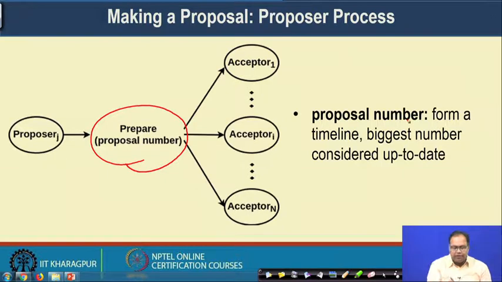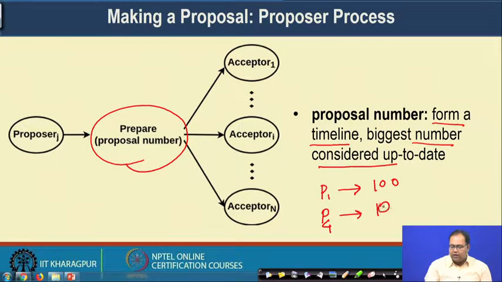This proposal number forms a timeline, and the biggest number is considered up to date. For example, one proposal is coming from P1 with proposal number 100, and another proposal is coming from P4 with proposal number 102, then we will accept the proposal coming from P4.